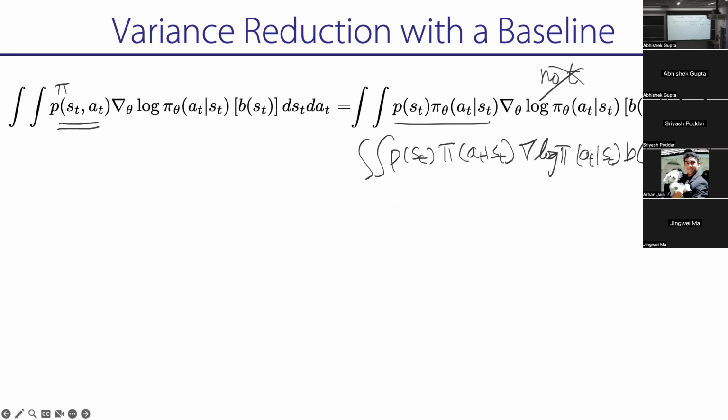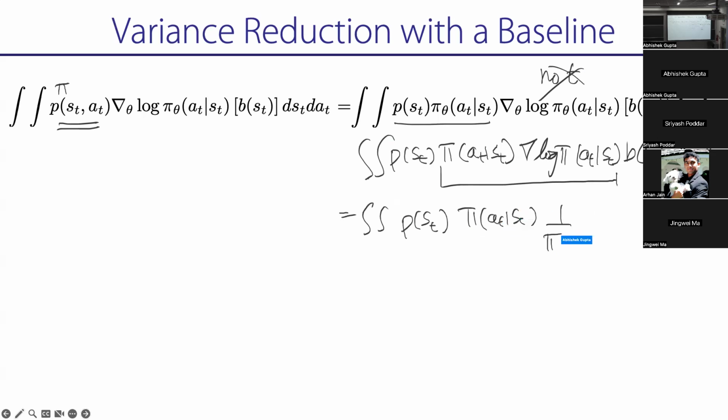The first thing we're going to do is go back and flip that chain rule again. So pi times grad log pi is going to be 1 over pi times grad pi, dst dat.